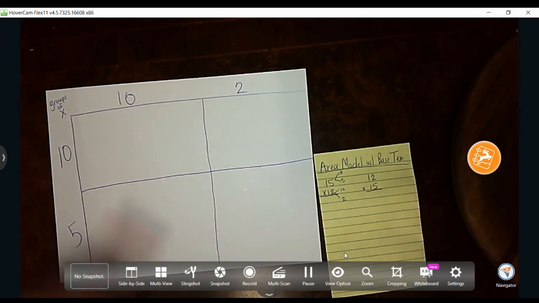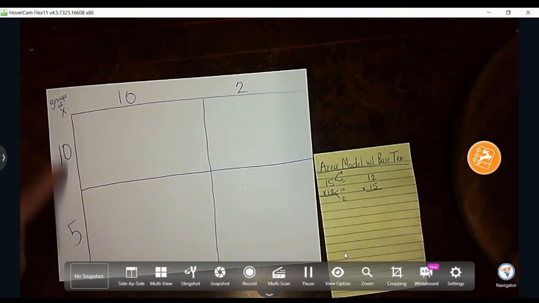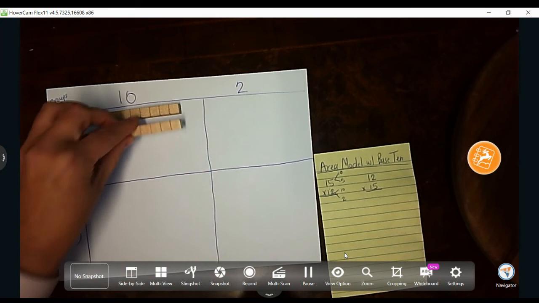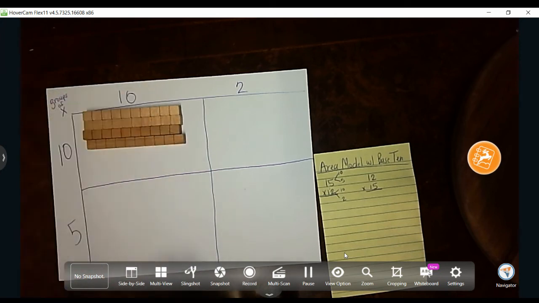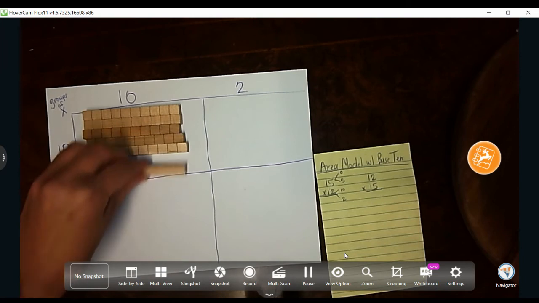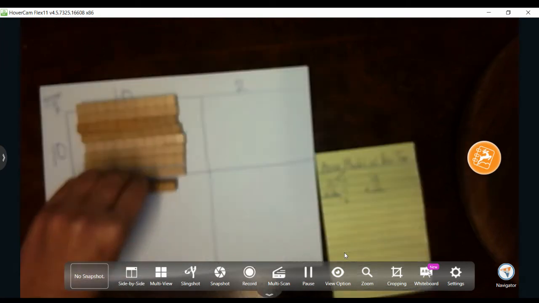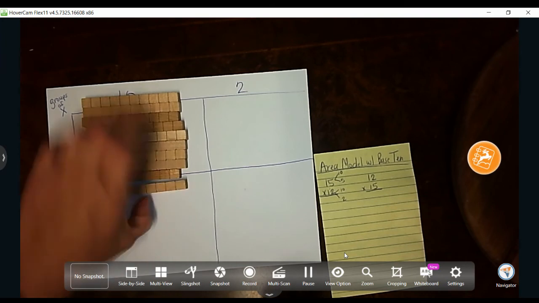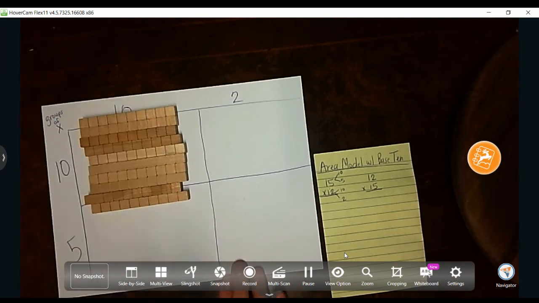Well, I'm breaking this down. I'm decomposing. So I have 10 groups of 10. 10 times 10. Okay, so 10 times 10 is going to be 10 groups of 10. 10, 20, 30, 40, 50, 60, 70, 80, 90, 100. Okay? Sorry, my box is a little smaller than my 10s.